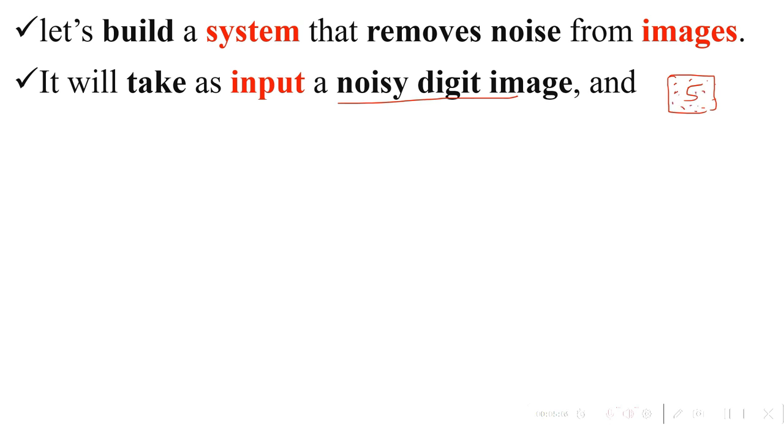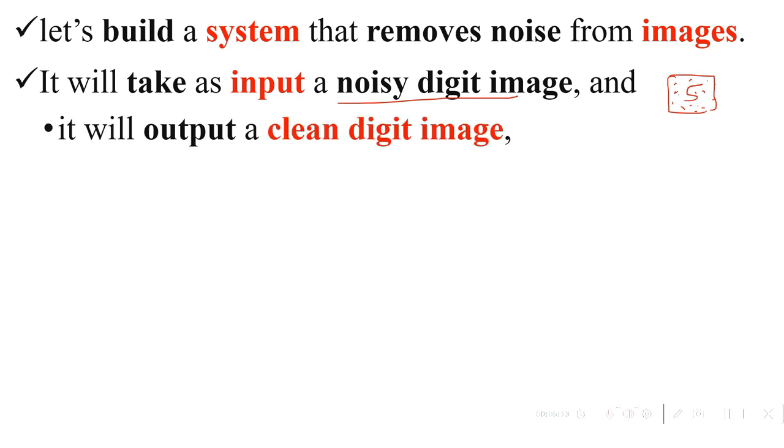We are going to remove the noise from the corresponding image, and it will output a clean digit image. Our aim is to give a noisy input image, perform the noise removal, and get a clean output image of 5.